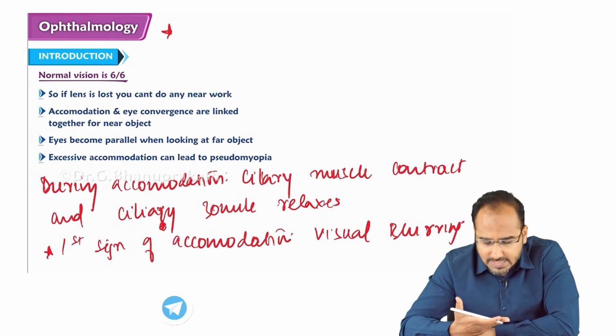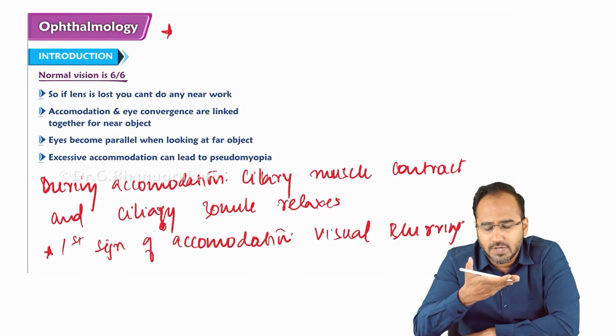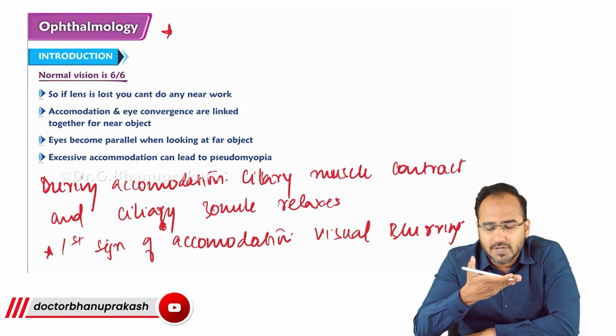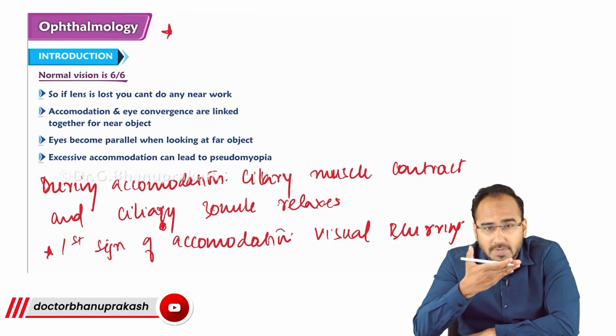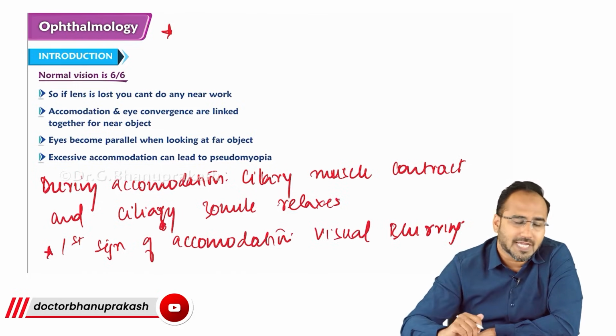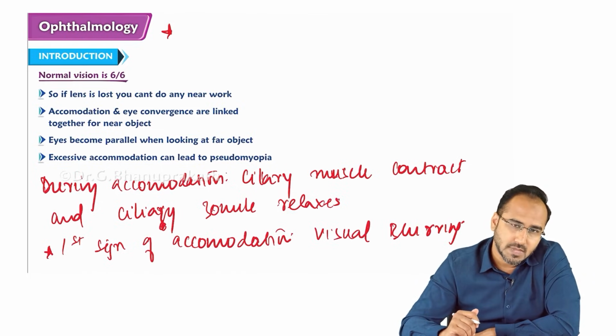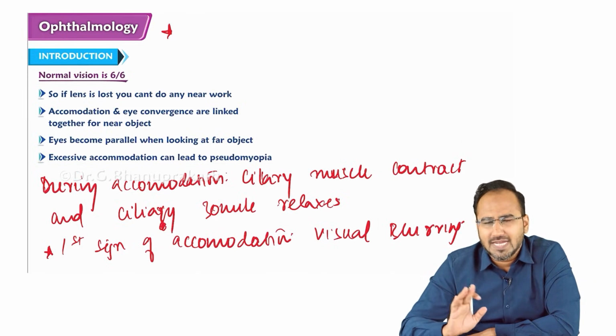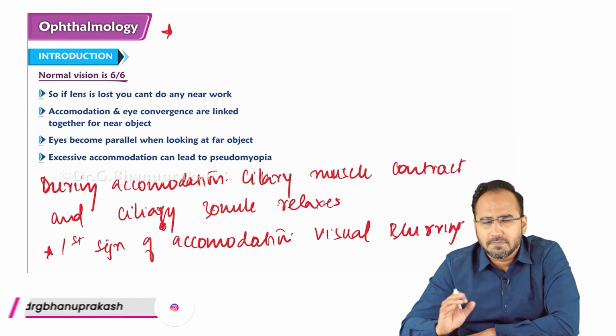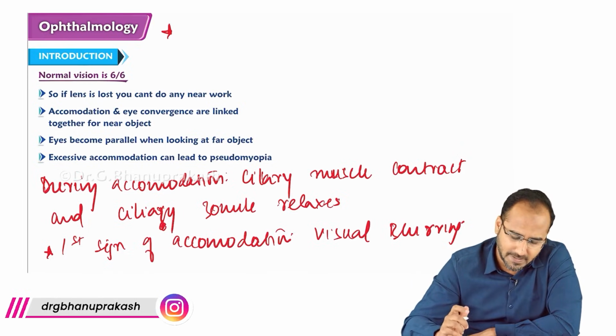You keep the book in front of your eyes and you read, so your eyes are accommodating. Due to this constant accommodation for a longer period of time, sometimes the person might develop pseudo-myopia. But again, it's just for a transient period of time. Okay.